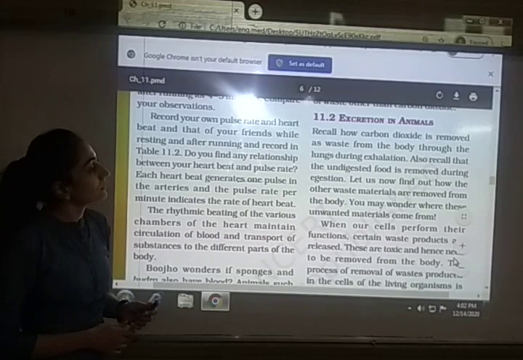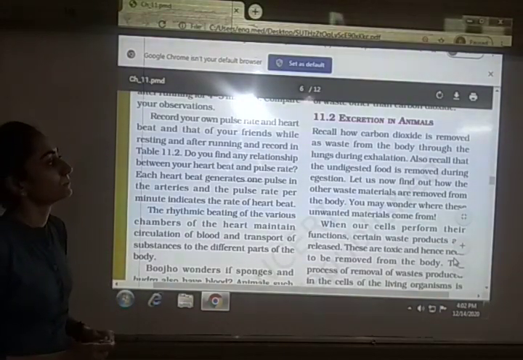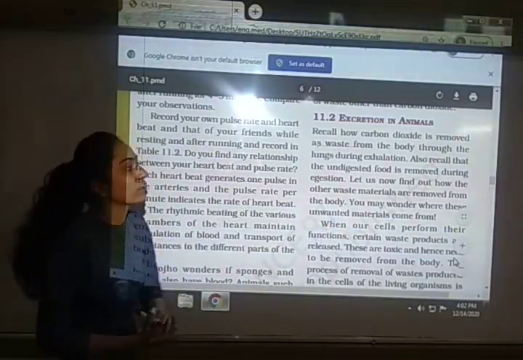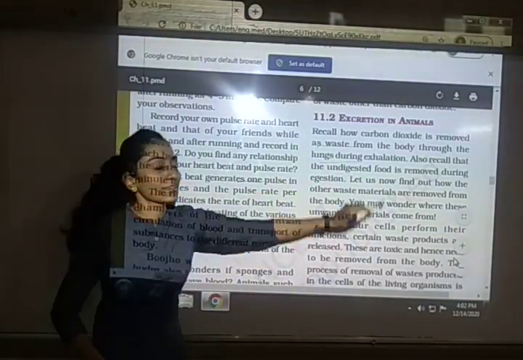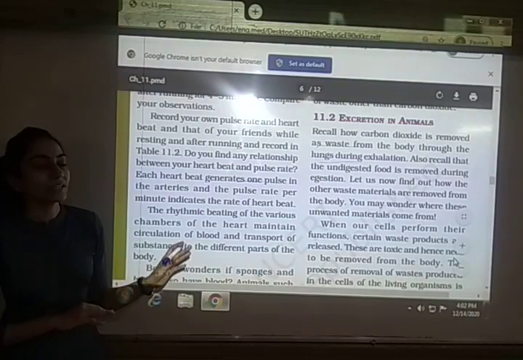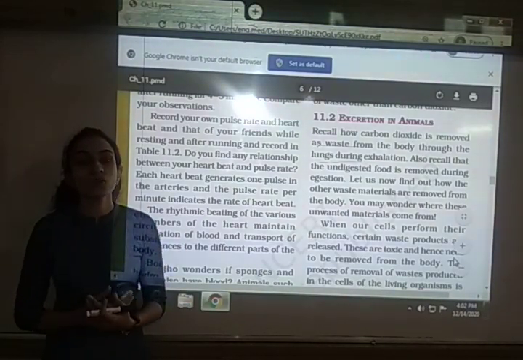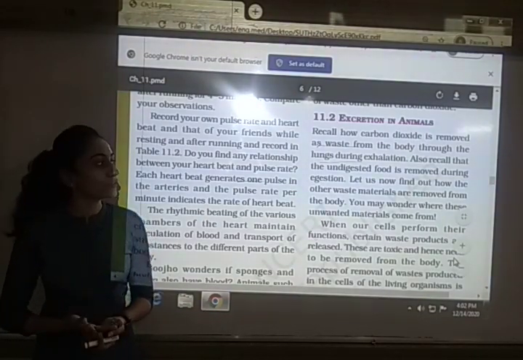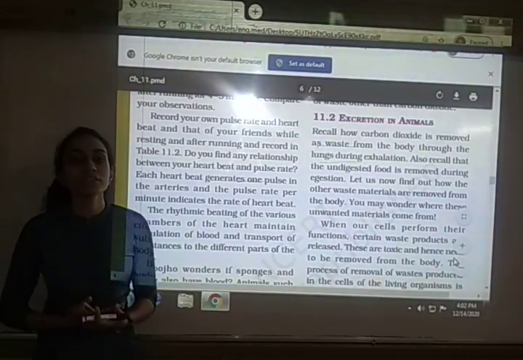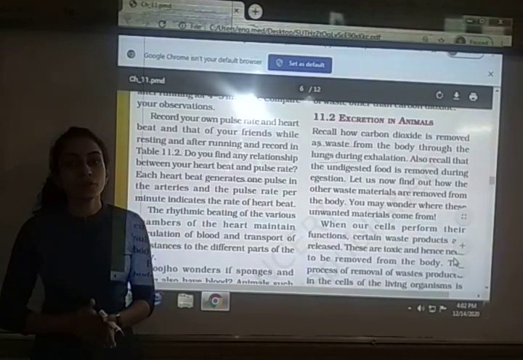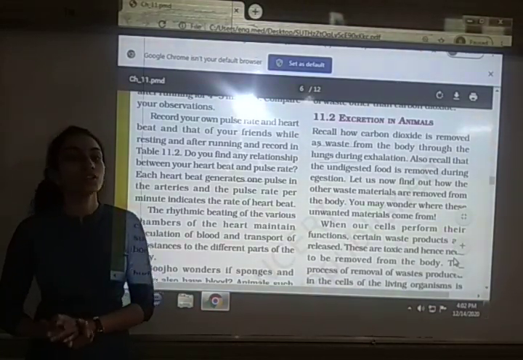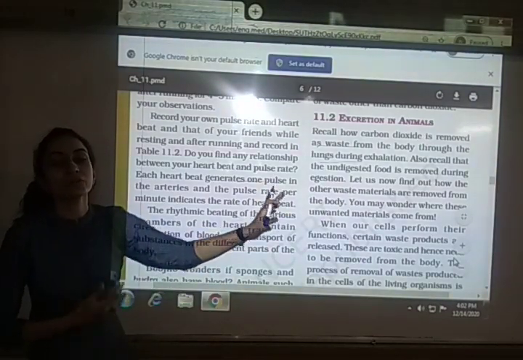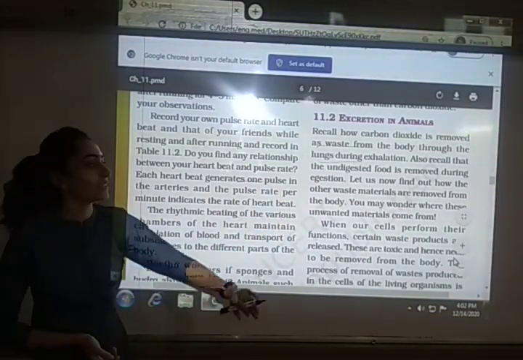So now let me start excretion in animals. Recall how carbon dioxide is removed as waste from our body through the lungs during exhalation. We have studied how carbon dioxide, which is also a kind of waste produced by the breakdown of food or glucose with the release of energy, is removed from our body during exhalation.